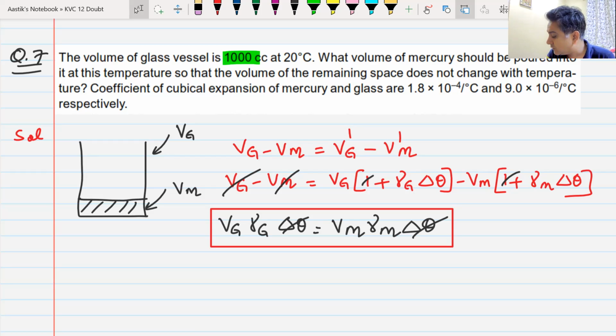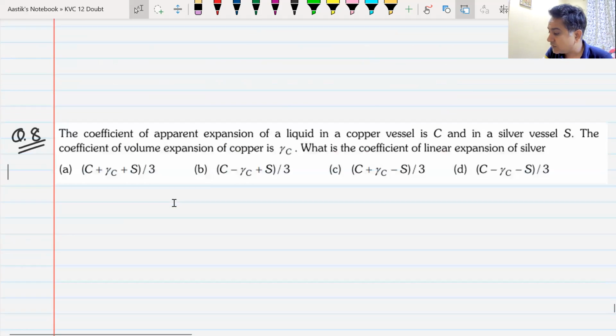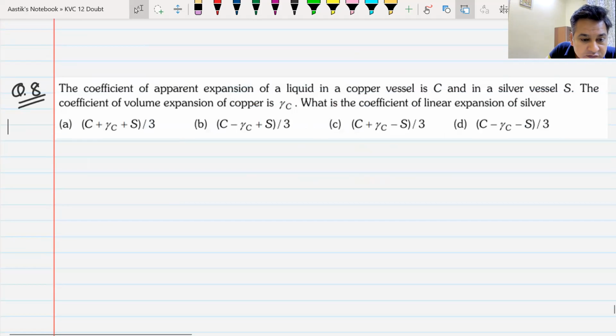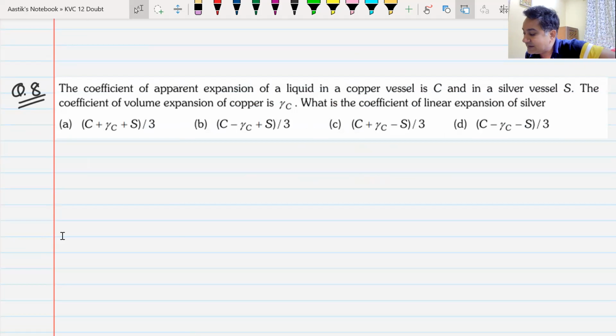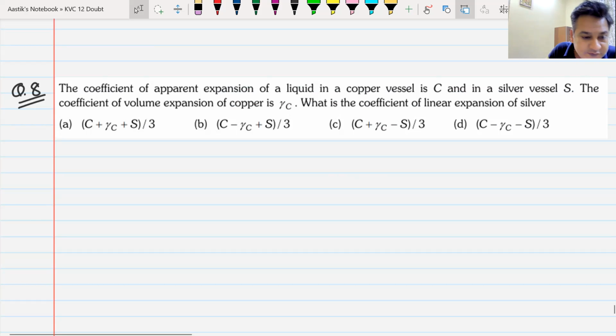Okay, let me first show this one, then I will go. Okay, do you see this question now? The coefficient of apparent expansion of a liquid in a copper vessel is C and in a silver vessel is S. The coefficient of volume expansion of copper is gamma C. What is the coefficient of linear expansion of silver? Let us solve this question, then we will see what that question is.